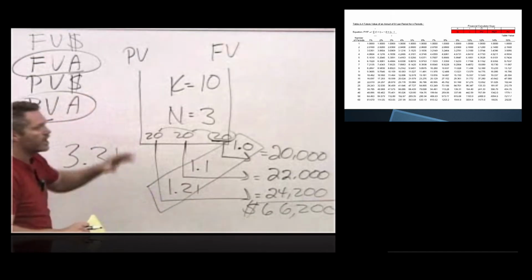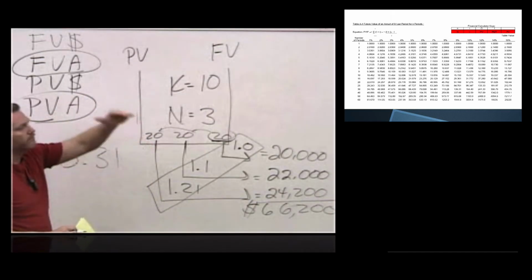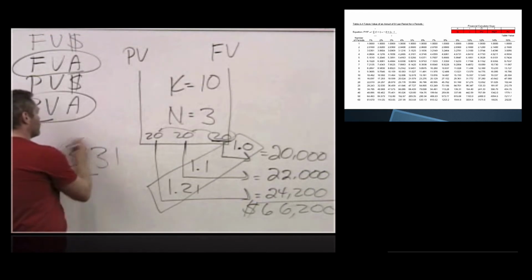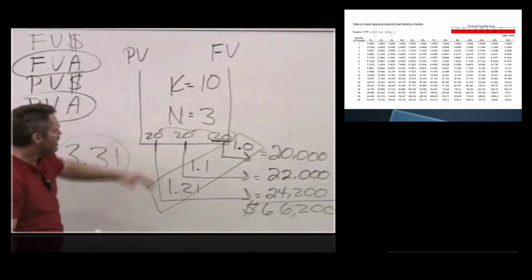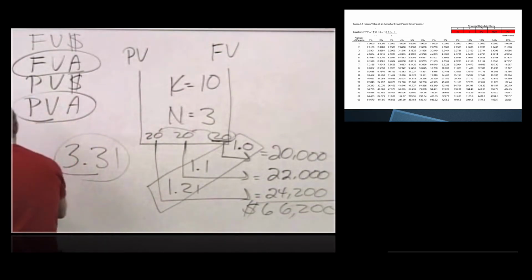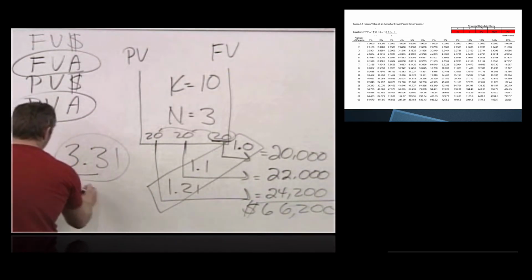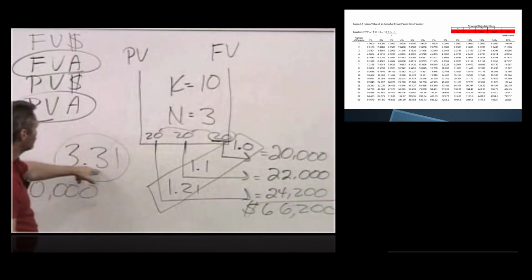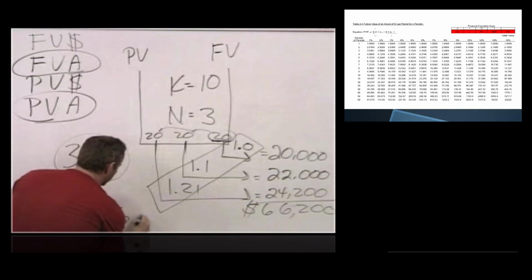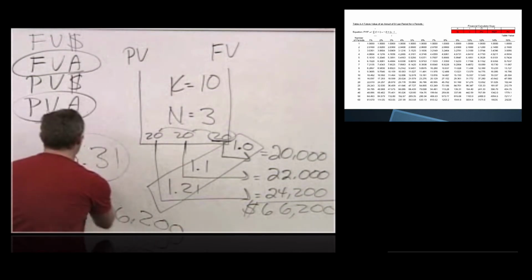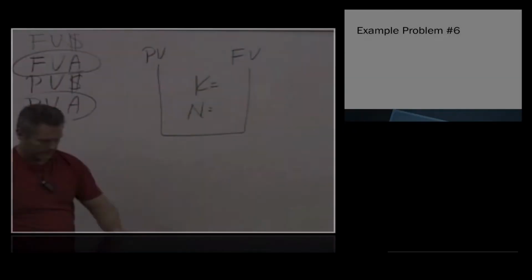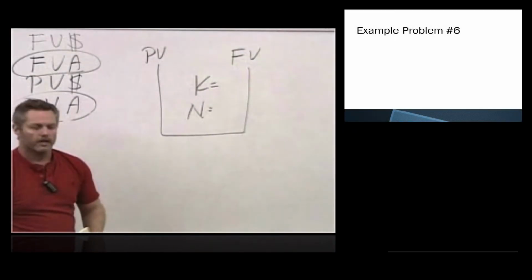If you slide down future value of an annuity chart, 10%, 3 years, you'll see 3.31. So instead of having to go the long way, we could have taken $20,000 times 3.31, and we would have gotten the same 66,200 when we multiplied those two numbers together. Okay, let's do another problem.